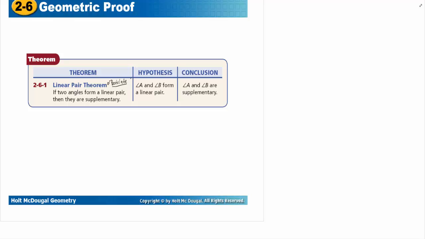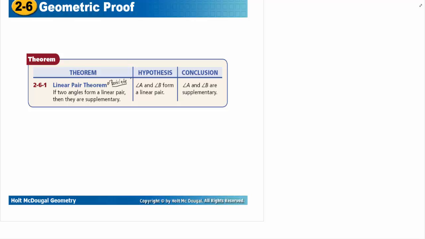They can and will be written both ways. It's a postulate because it's a given truth, and it's a hypothesis and conclusion: if angle A and angle B form a linear pair, then it makes sense that A and B are supplementary. That's what would make it a postulate. It's a given truth. It's something you really don't have to see a proof to understand.